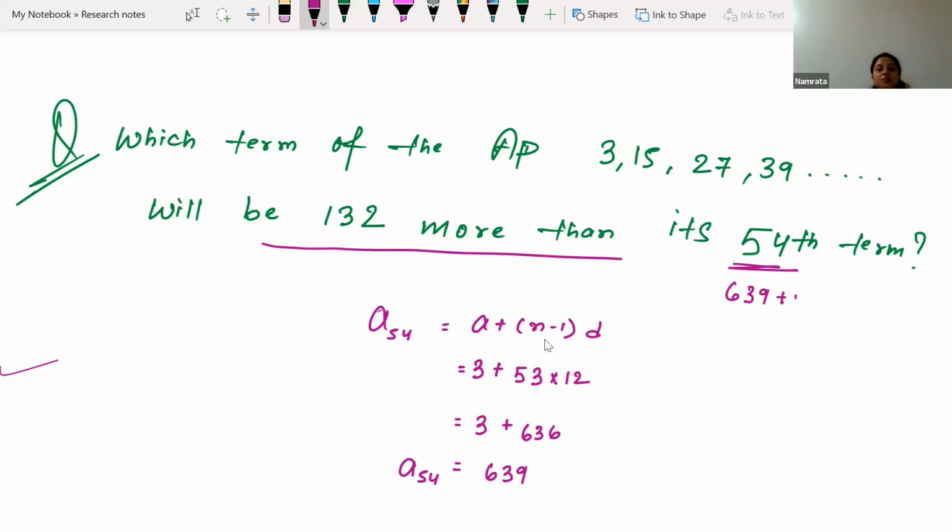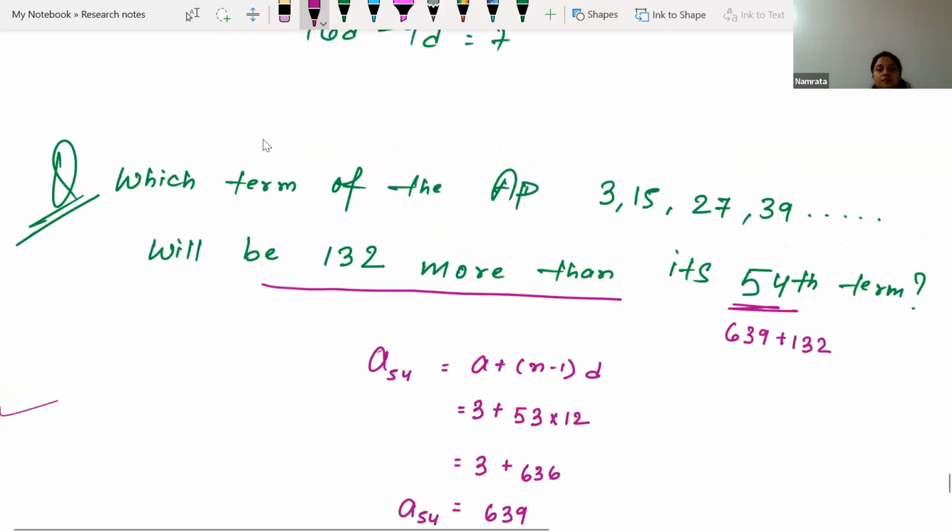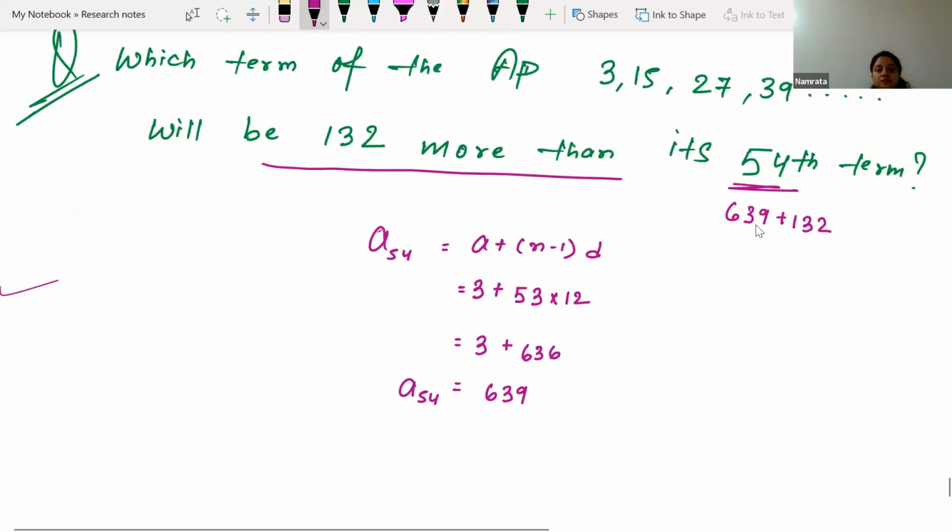That means 132 more than this. Adding: 639 plus 132 gives 771.